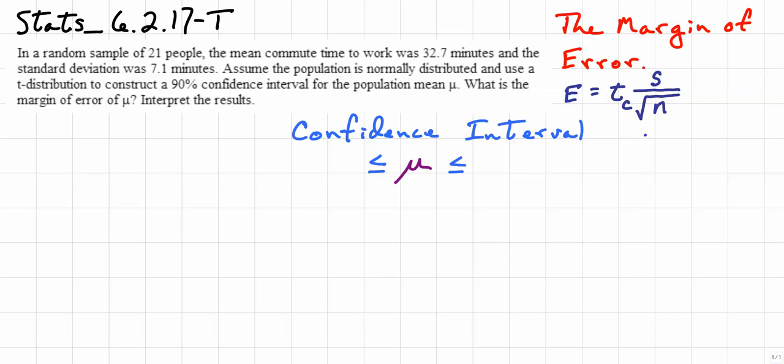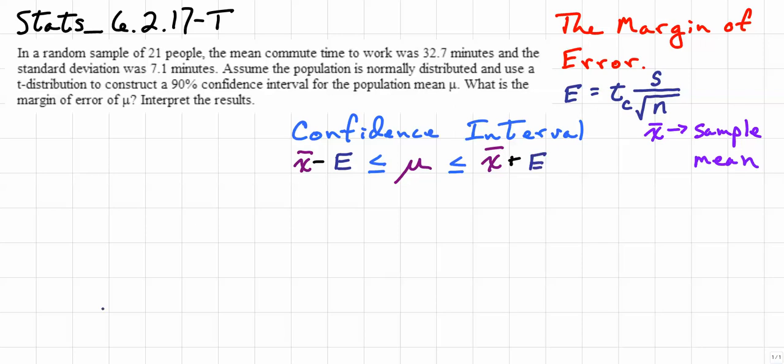So if x bar is the sample mean, then the confidence interval will be x bar minus our margin of error, E, and x bar plus the margin of error, E.